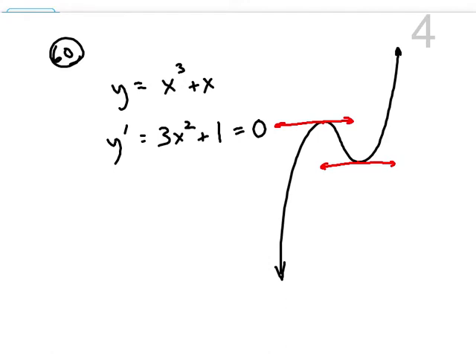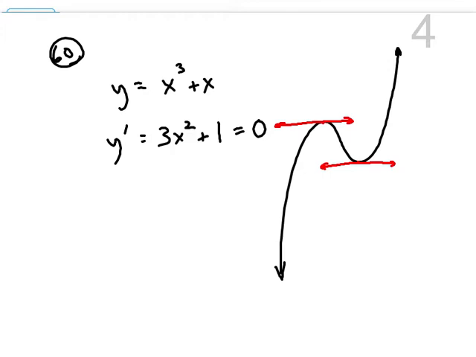This is one particular instance. I can change this problem to be a lot of different things. I could ask, where does the tangent line have a slope of 1/2? Where does it have a slope of -2? However, these pop up a lot. I want to know where they're horizontal because that's going to give me these things called maxes and mins.